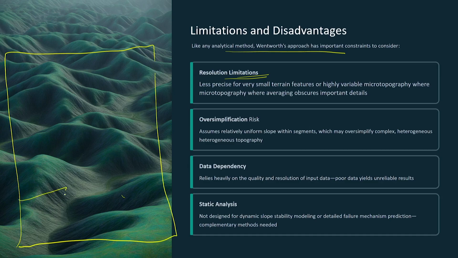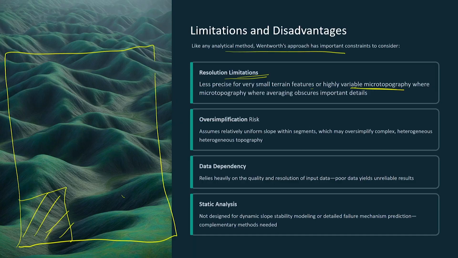But if we were to consider a very small parcel like this, there might be very serious variations in case of variable microtopography, because this is considered at very small levels. When you are doing it for very small areas using Wentworth's method and trying to derive an average, what happens is the disparity or the variation becomes very high and not really representative of the terrain.